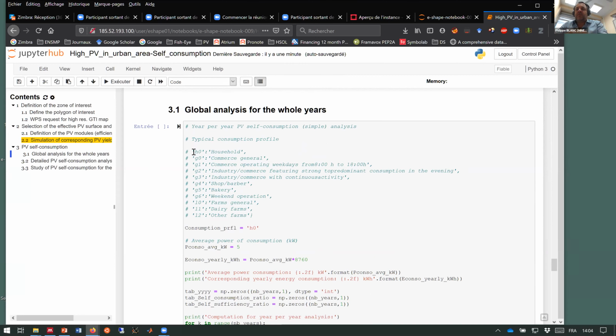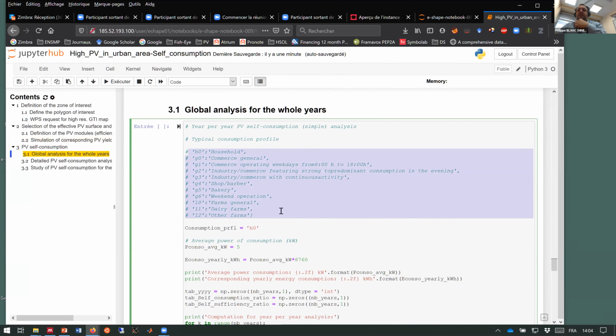And you have in this library different profiles of consumption here. So you can have a household consumption, commerce general, industry, etc. Something that is not very common, a farm, maybe a farm in a city, you can check it.